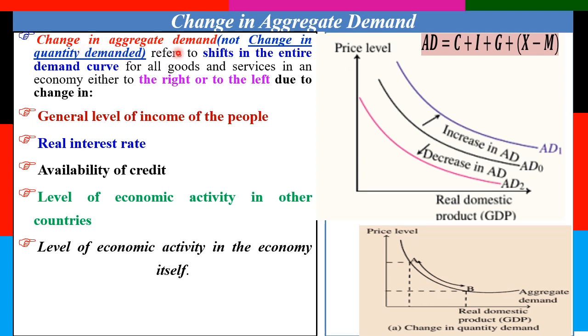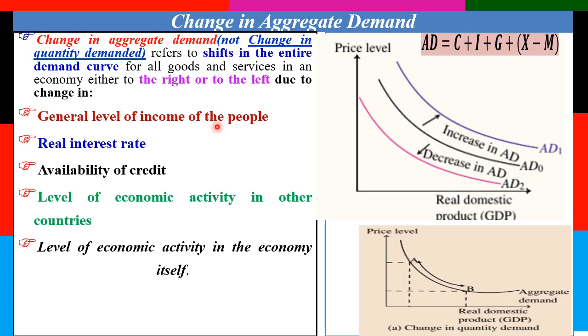Change in the aggregate demand refers to a shift of the entire demand curve for all goods and services in the economy, either to the right or to the left, due to what? Due to the change in the general level of the income of the people.